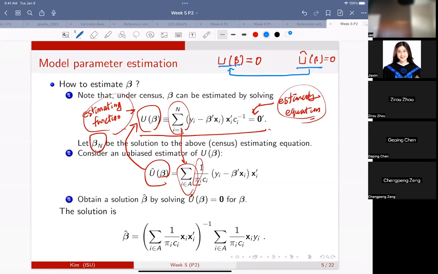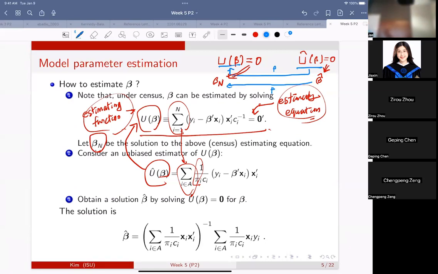The sample estimating function is estimating the population estimating function. So the solution to here converges in probability to the solution to here, and under some conditions this will converge.